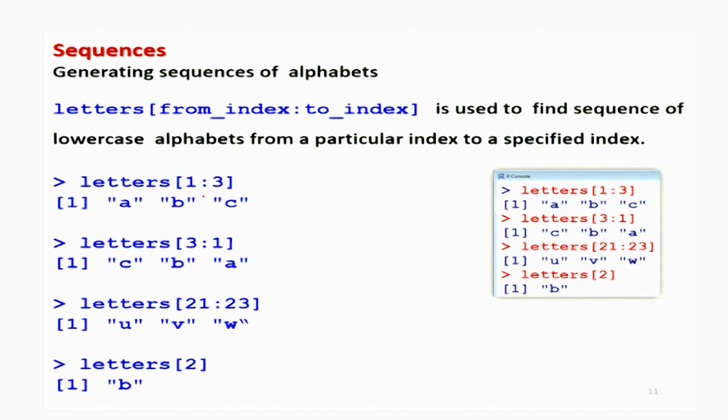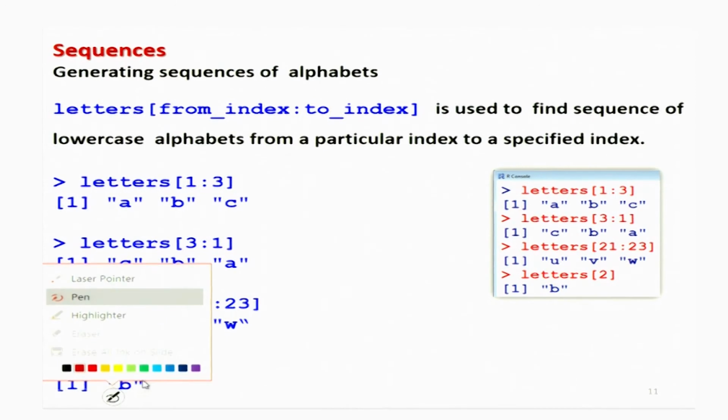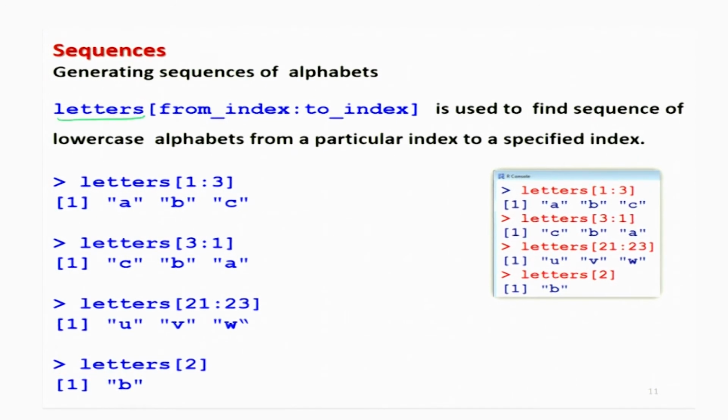So in order to generate a sequence or call a particular alphabet, you can simply use this command LETTERS, all in uppercase, and then inside the square brackets you write from:to, meaning the starting point in the index or location, then a colon, and then the end point.